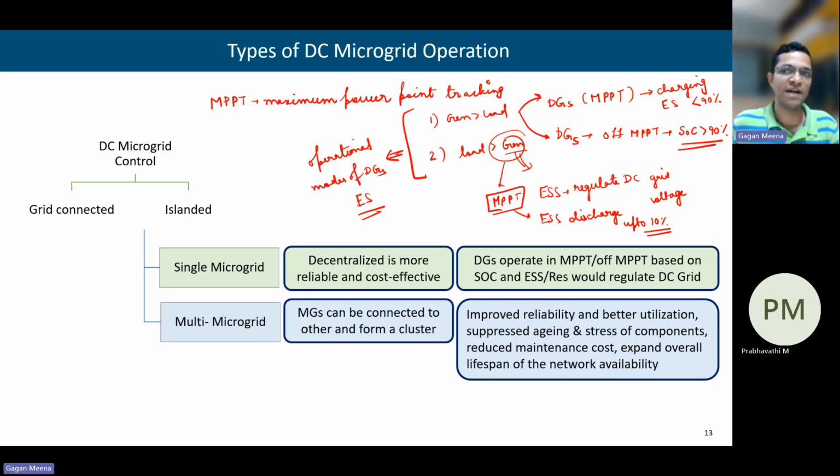The microgrid will be planned in such a way that, even in the islanded mode, during evening time when the renewable is not available, at least the critical loads must be served by all the generations combined with the energy storage. That planning is done beforehand. And during operation, we need to ensure that this happens in the most cost-effective manner.